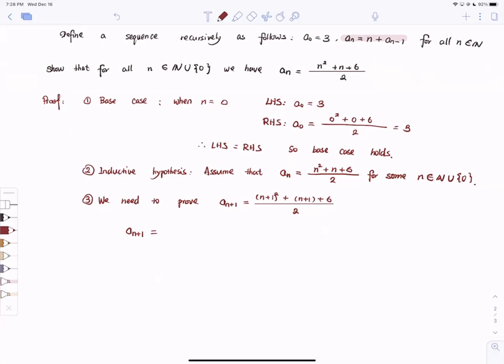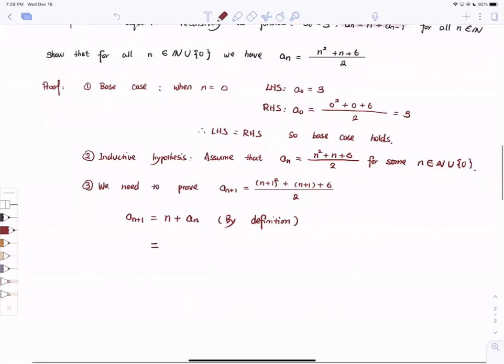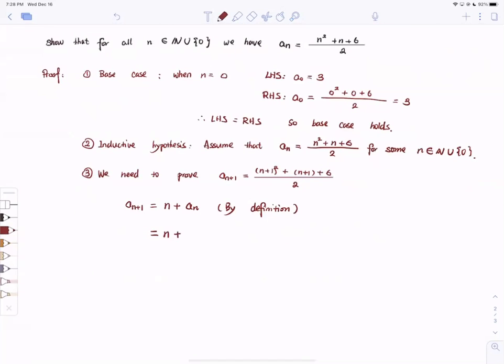I think it's plus a_n. So this is by definition. Now, a_n, we know a_n equals this. So n plus n squared plus n plus 6 over 2. This is by inductive hypothesis.